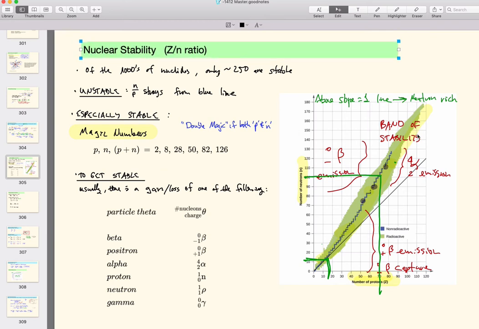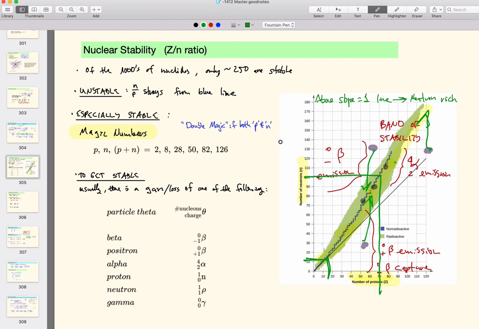It's in the green band, and we even have an indicator for some that are really stable. But what if we wind up with a nuclide that's way out here, or over here, or down here, pretty far off the line? What's Mother Nature going to do? Well, she's going to get involved in that radioactive thing. She's going to start throwing out or taking in subatomic particles to try to move the nuclei back into the green zone of stability.